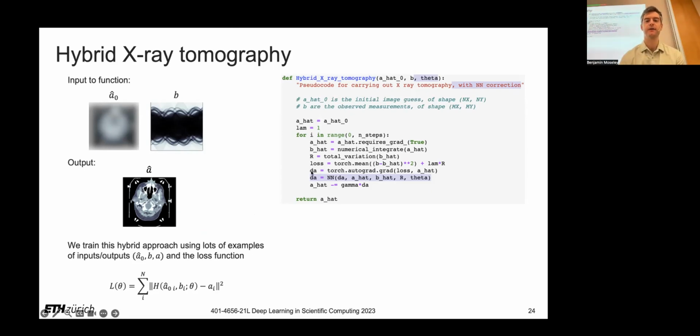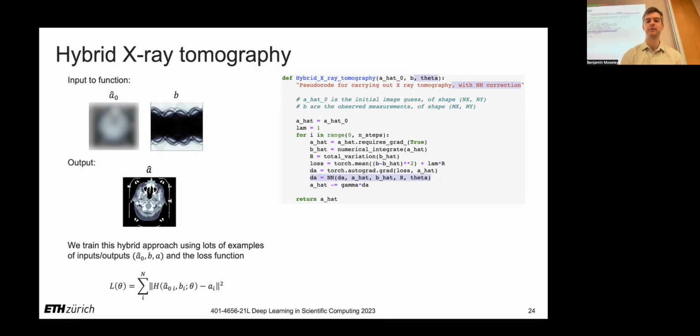Think about how the original gradient is computed. Just in the traditional algorithm, how do we know that gradient descent direction is a good direction to go in? It's based on our physics model. So our prediction B hat here is passed through our physics model. So this is why we know that gradient direction is a good informed direction to take in the first place.